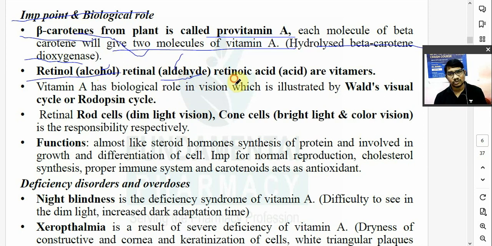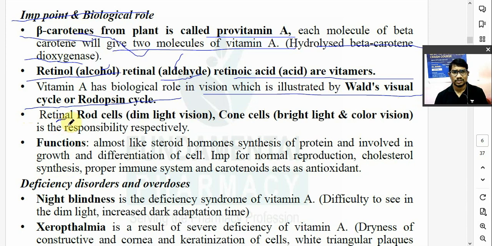Rod cells are responsible for dim light, and second, cone cells are responsible for bright light and color vision. A question has come on this too: which cells are responsible for bright light, and which for dim light. So remember, there are two types of cells in your retina. First, rod cells are responsible for dim light, and cone cells are responsible for bright light and color vision, respectively.